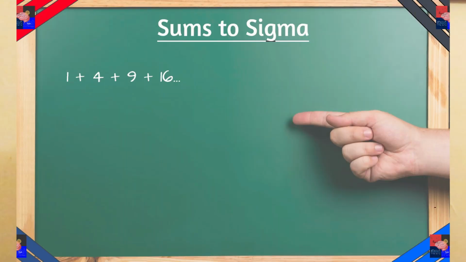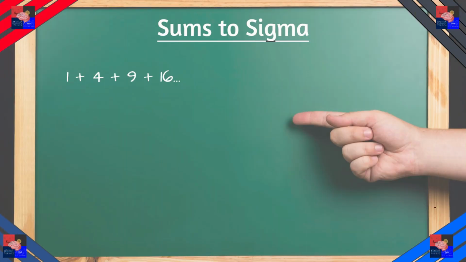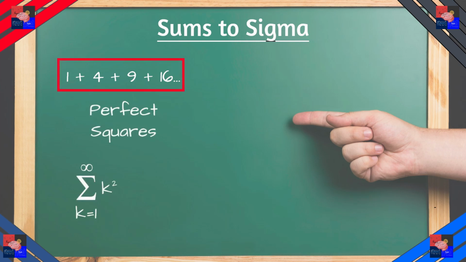We know how to express sigma notation as sums, but how do we express sums as sigma notation? Here, let's take a look at an example. We have these numbers, and if you've been practicing math a lot, you'll see that these are perfect squares. So expressing a sum here is easy. We just write the sigma symbol. The starting number is 1, as we can see here.